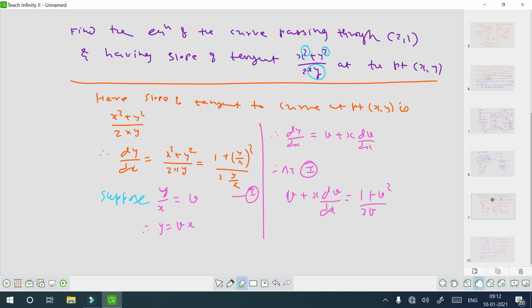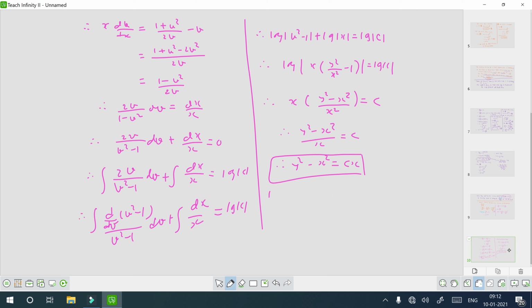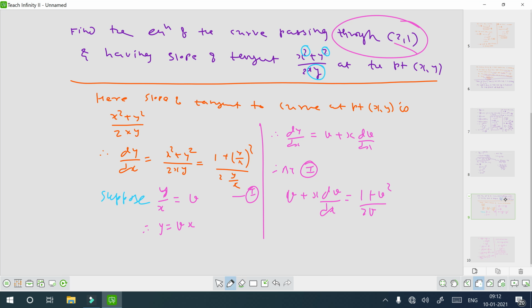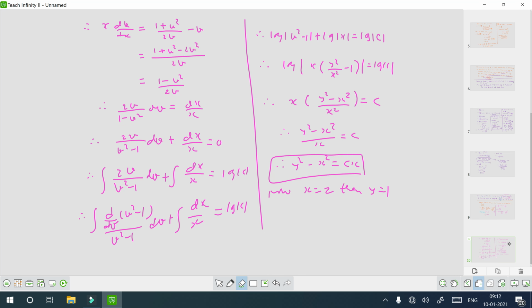But in our case, curve passes through which point? 2, 1. Now x is equal to 2, then y is equal to 1. Why are we taking this thing? Because curve passes through point 2, 1. So what we get? 1 minus 4 is equal to 2c.